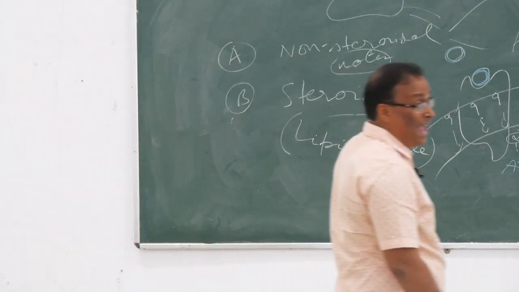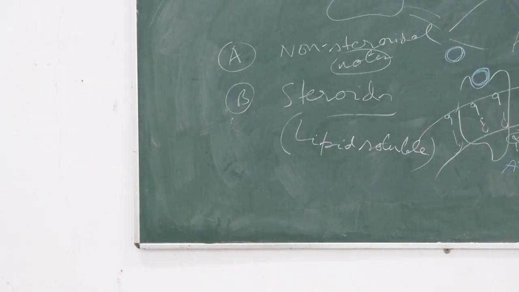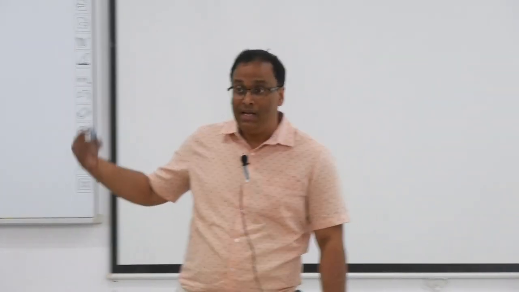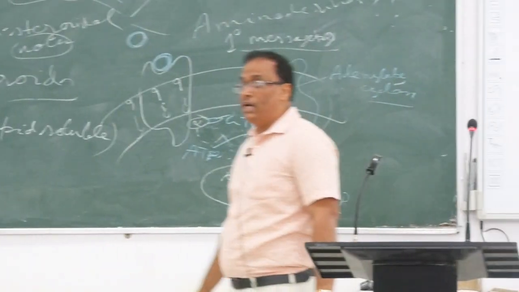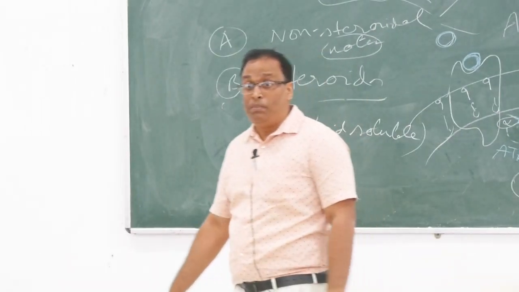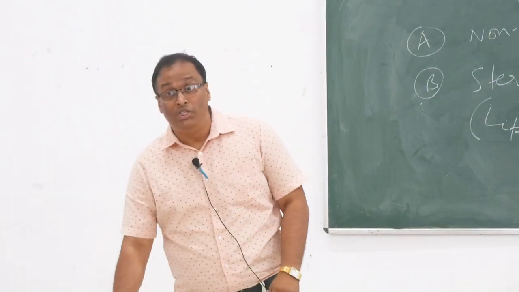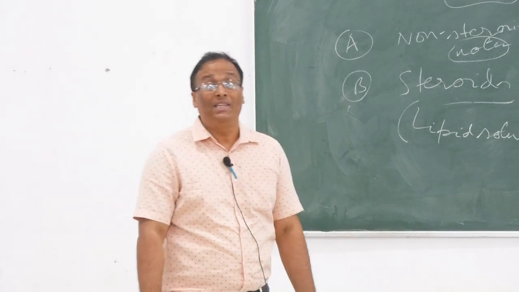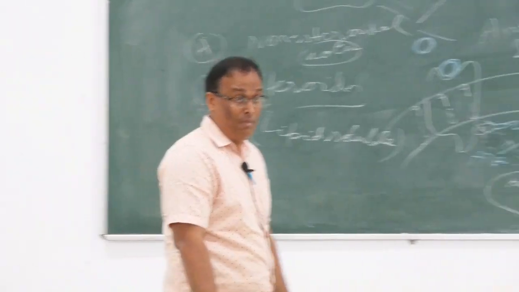So what happened until now? Receptor binding is going on by a ligand, here a peptide hormone or primary messenger, but the receptor is connected to the G protein coupled with GDP, having three subunits alpha, beta, gamma.